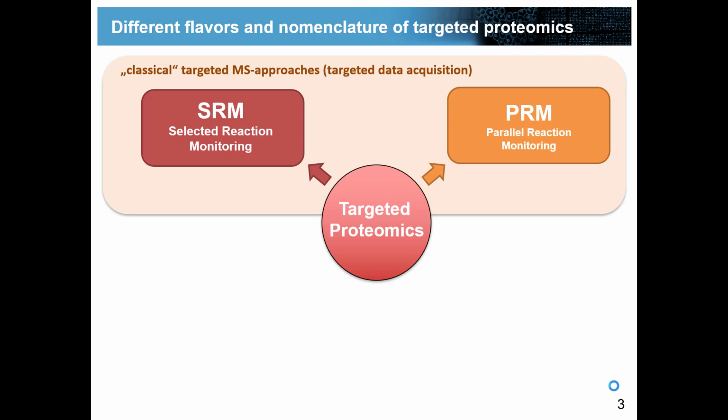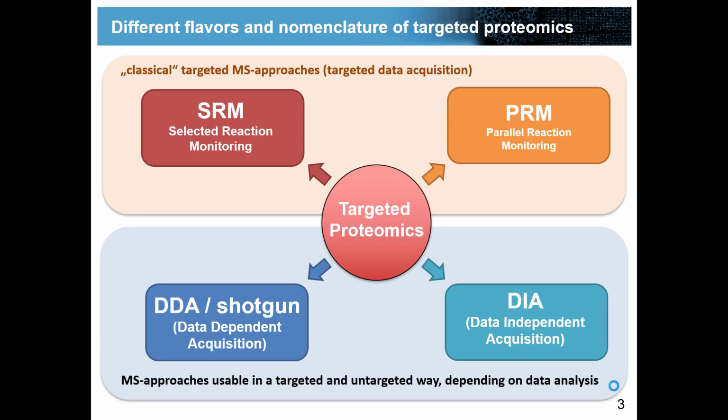But especially in the last years, also other data acquisition techniques have started to become part of this umbrella term. And these are the 2 other data acquisition types that are out there, which is data-dependent acquisition, shotgun proteomics, as well as data-independent acquisition. What's special about these 2 additional data acquisition types is that with these methods, the data acquisition itself is not done in a targeted way.